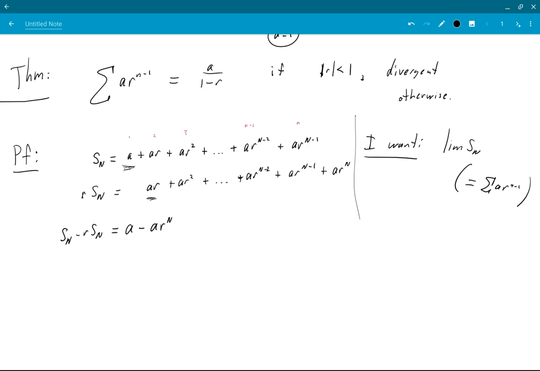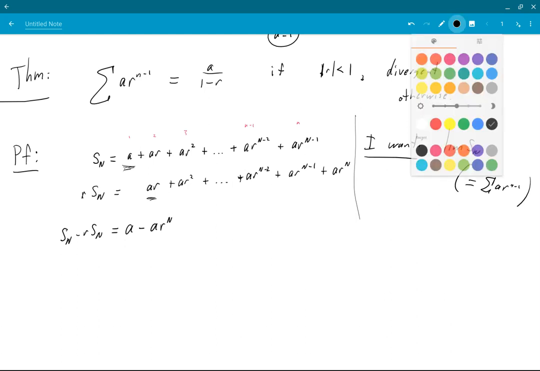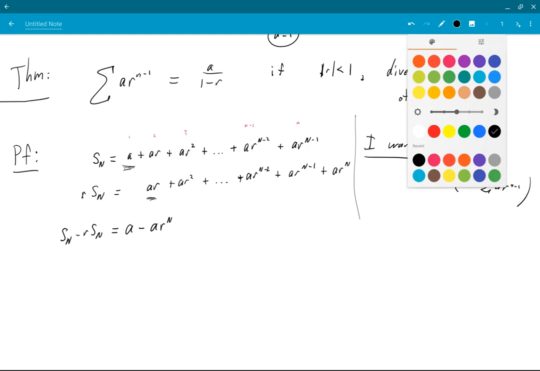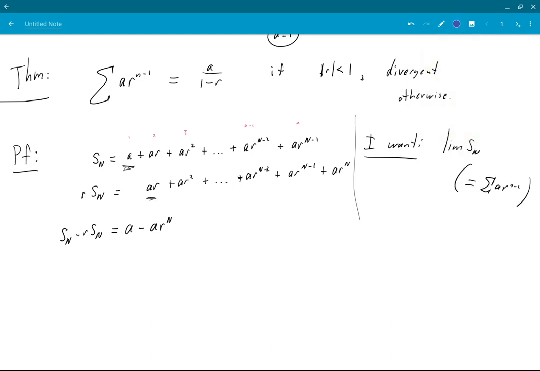So I subtract these two lines, like when you're subtracting equations when you want to eliminate a variable. You get these cancellations, cancel, cancel, cancel. The only survivors are this term and this term.